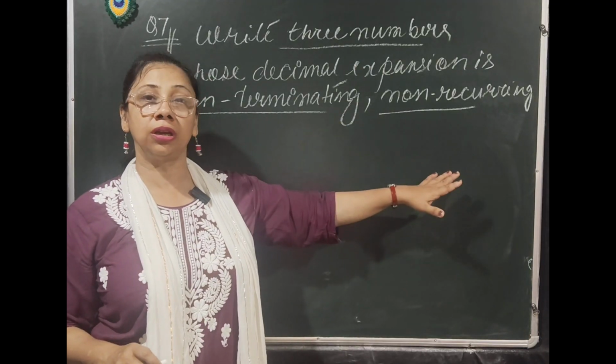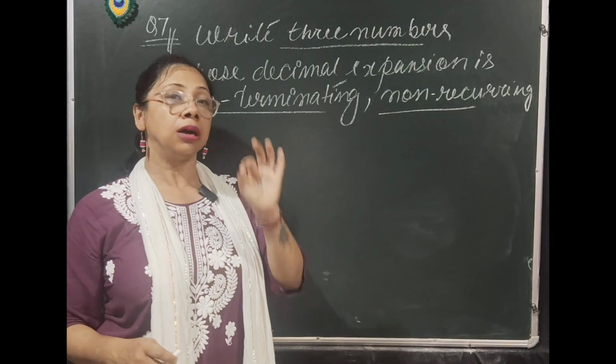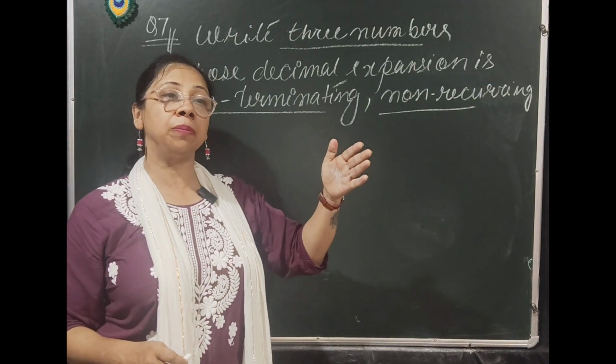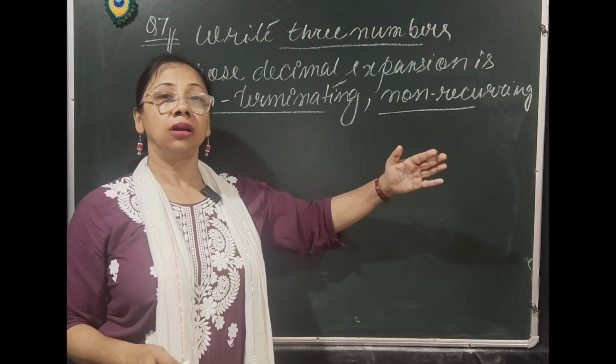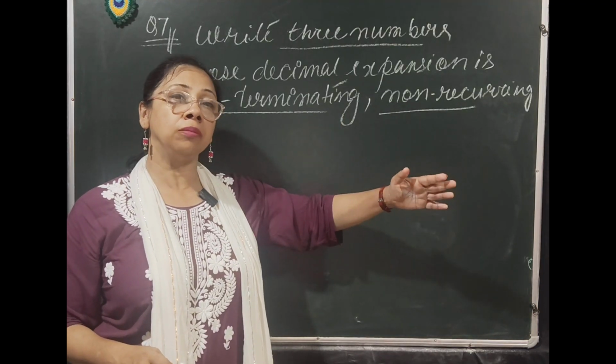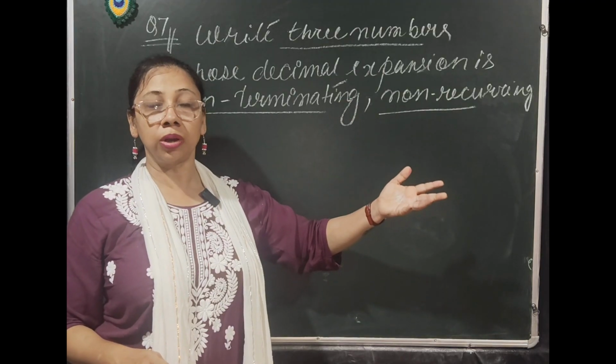It keeps on going. And non-recurring means the digits in the decimal part never follow the same pattern. It keeps on going, but the numbers are randomly coming. Okay?